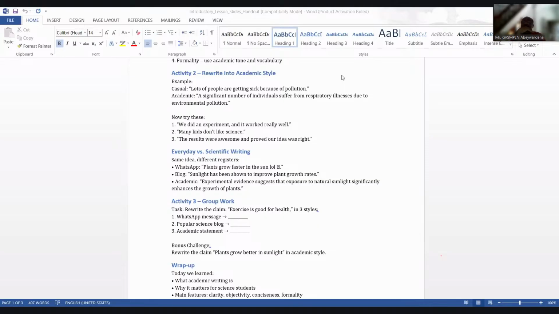We can say how? We worked on research without using "we".